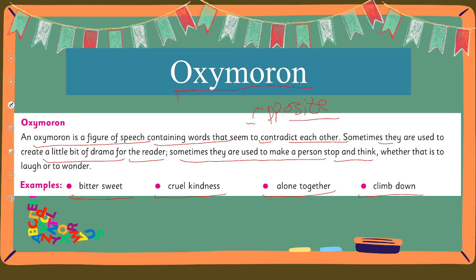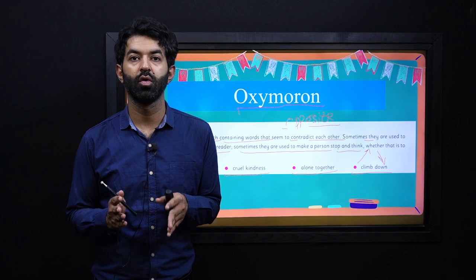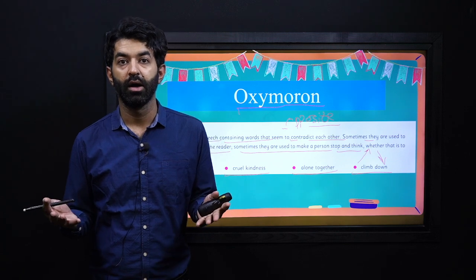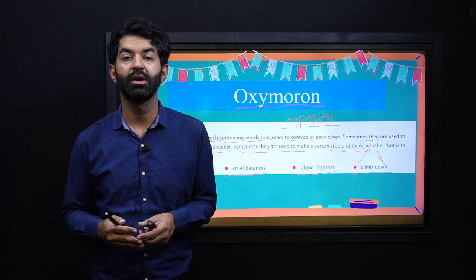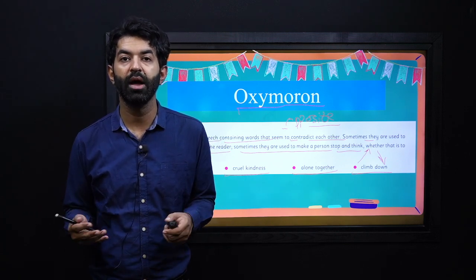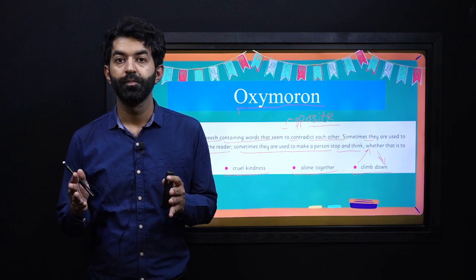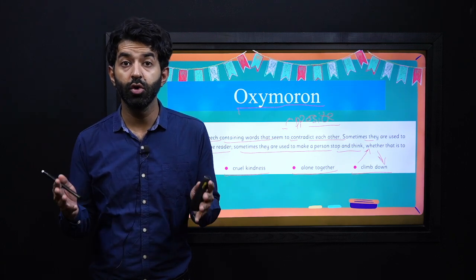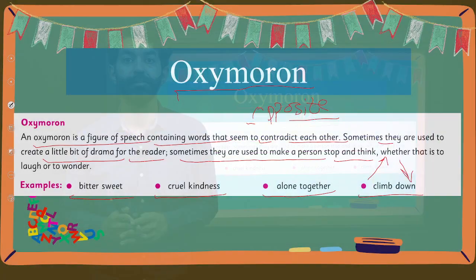When we are talking about climbing, it is usually going up, but down is the word for the downward location. So, climb down can also be a humorous thing to say. It also can create drama and a very good effect. So, now students, can you come up with your examples where you can use oxymorons?